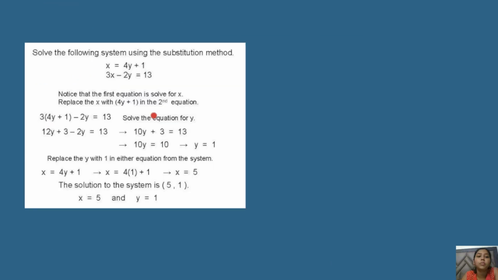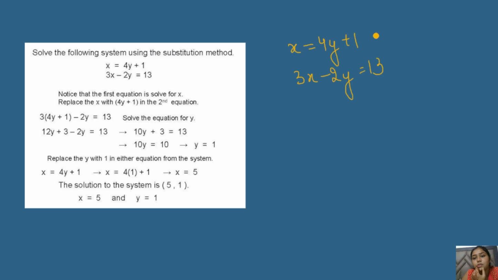So I'll just solve it down. You just see, this is x equals 4y plus 1 and 3x minus 2y equals 13. The value of x is already given in equation number 1. Put the value of x from 1 in 2.